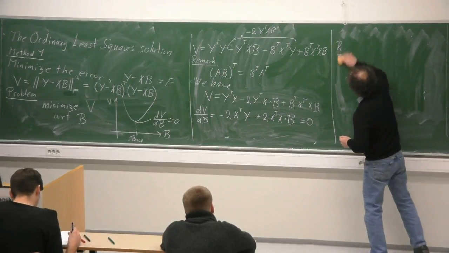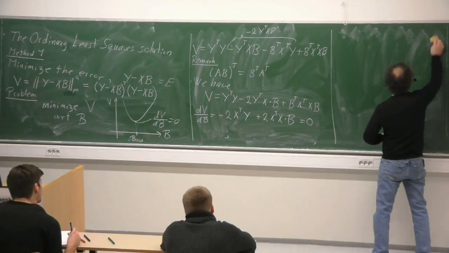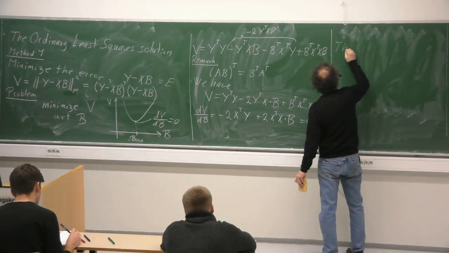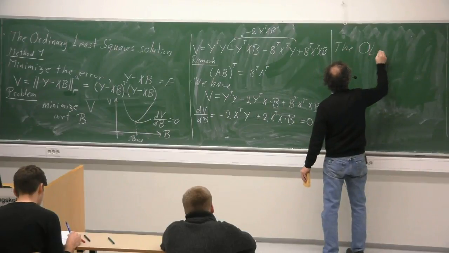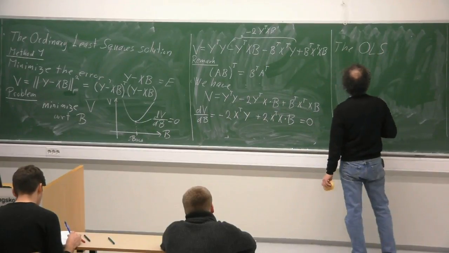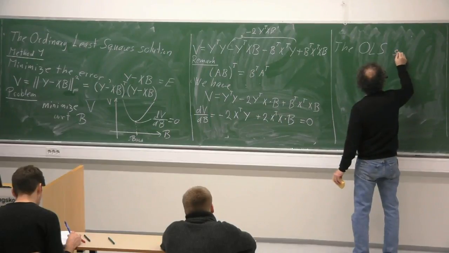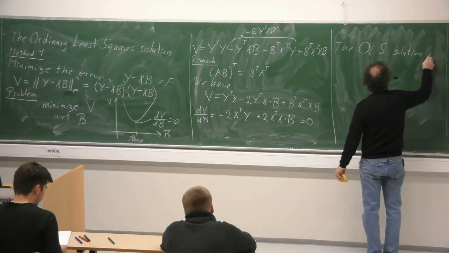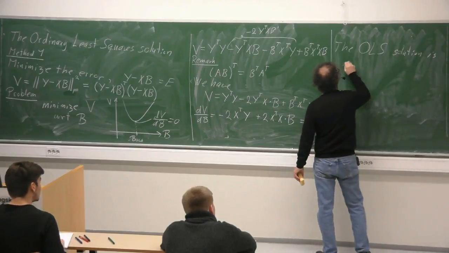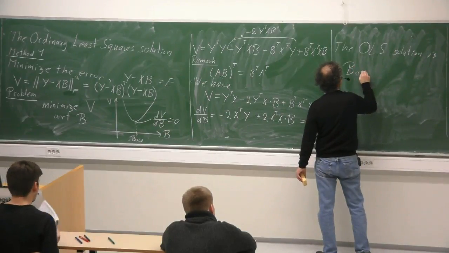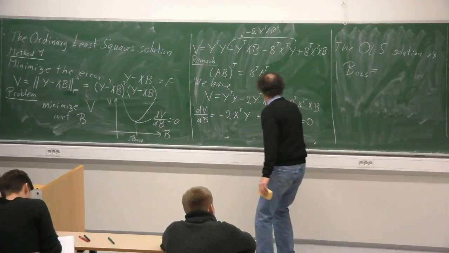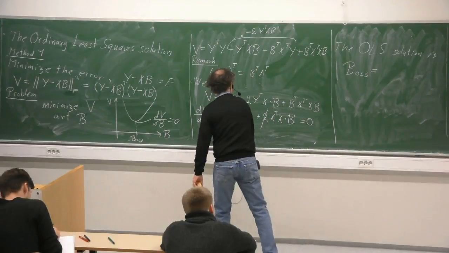This proof is a little bit lengthy, maybe. And then the ordinary least squares solution or estimate. Yes, I will use B OLS to indicate this one. Now, of course, this number 2 goes away.